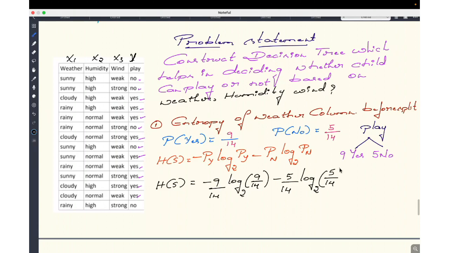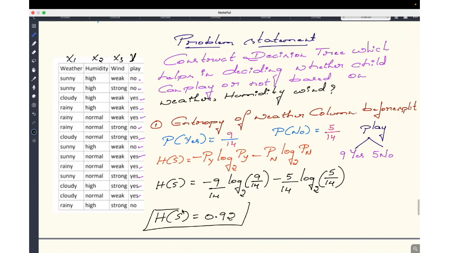If you use a calculator and try to simplify, if you want, you can try calculating. If not, I'll give the answer, which is 0.94. We trust you. Not trusting you, people are just lazy to calculate.